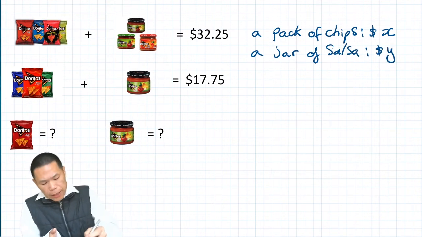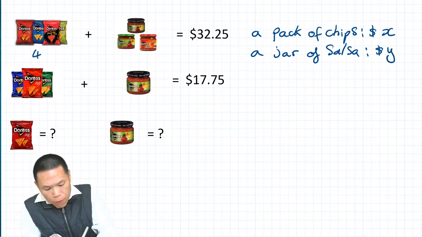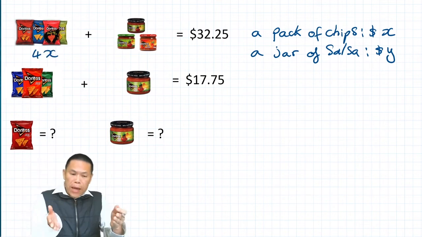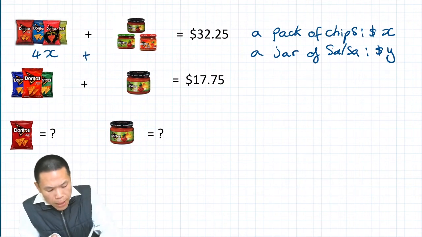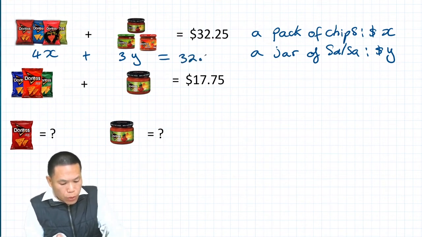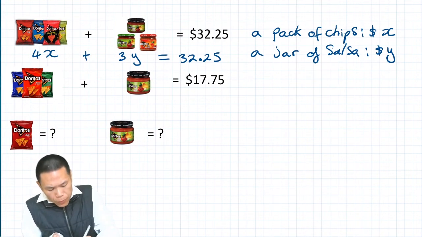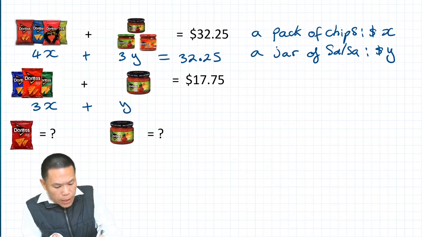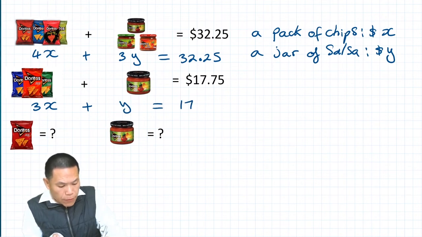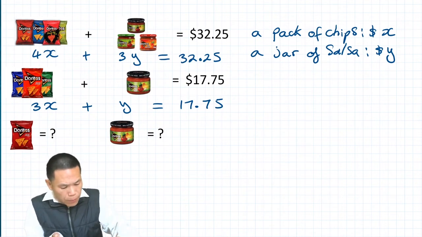So this means that we have 4 packs of chips, 4x, plus 3y, which gives me 32.25. And the second one is 3x plus y is equal to 17.75. Okay, I'll just write this over here.